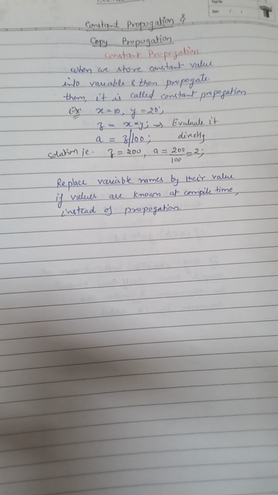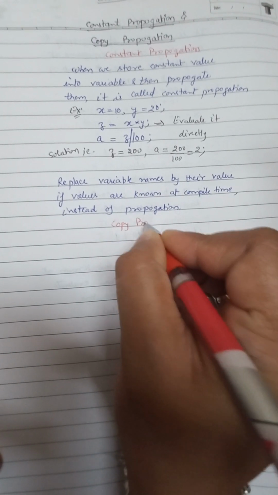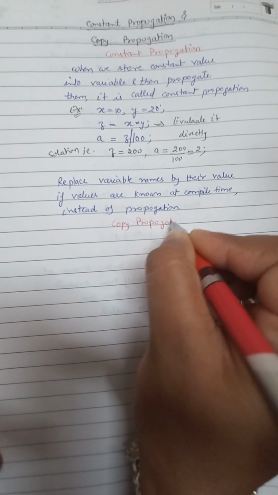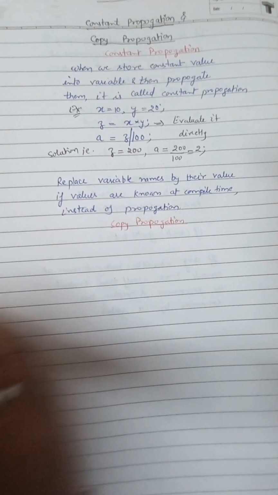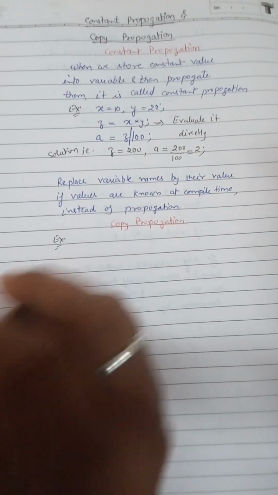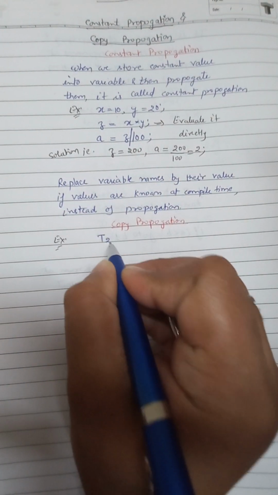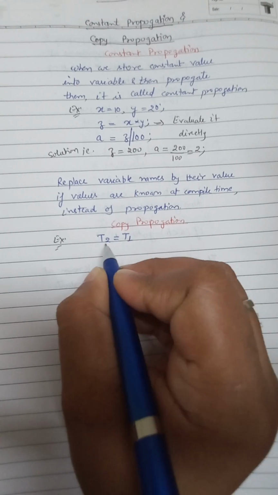Now we are going to learn what copy propagation is. We will understand with the help of an example. Again, I am taking one example. I am assigning t1 value to t2.